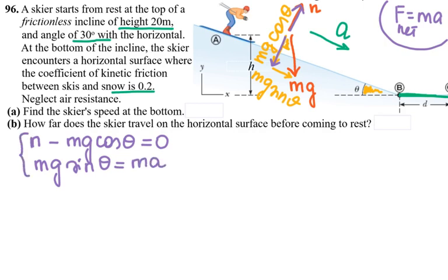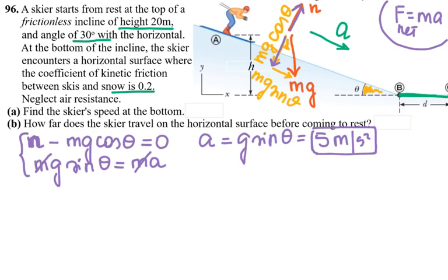I don't have friction, so I don't need the normal force. I will usually need the normal force when I have friction. So from the second equation, I can cancel m's, and I can find the acceleration is equal to g sine theta. And g is 10, and sine of 30 degrees is 1/2, so that gives me 5 meters per second squared.